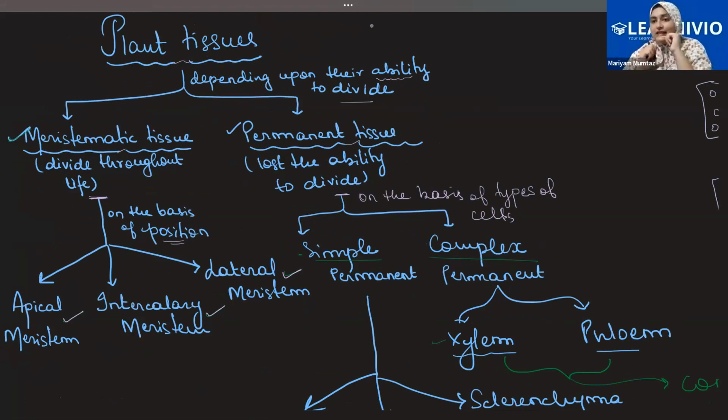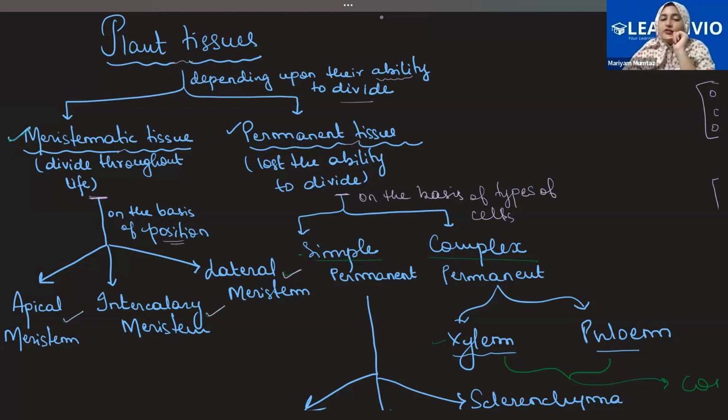The first criterion we took into consideration for plant tissue is the ability to divide, whether the tissue can divide or cannot. All those tissues that can divide throughout their life, we call meristematic tissue. And those tissues that lost the ability to divide, we call permanent tissue.